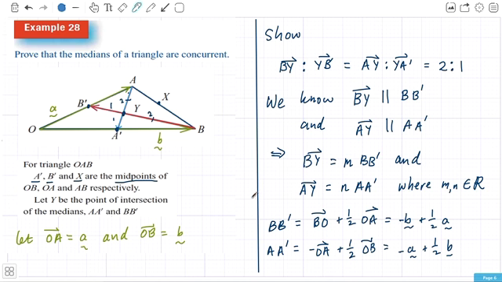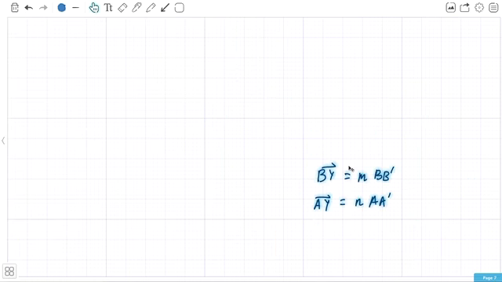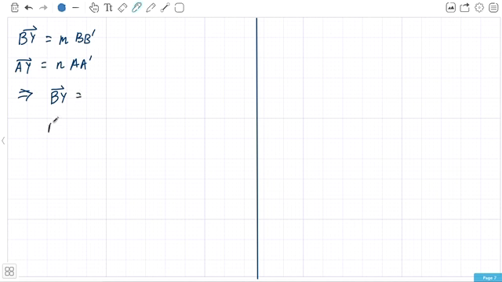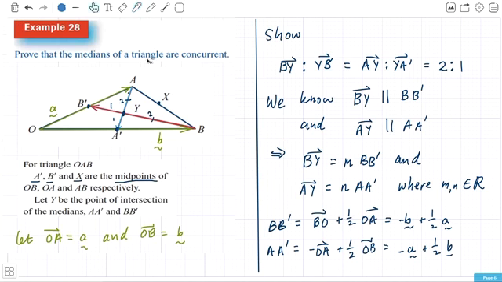The next thing we can do is we've got this expression here. So what we can do, I'm just going to copy this, is replace now BB' and AA'. I'll do that on the next page. So that implies, and just dividing this up with a line so we can keep it fairly neat, that BY equals and AY equals. We're going to use these expressions that we just found.